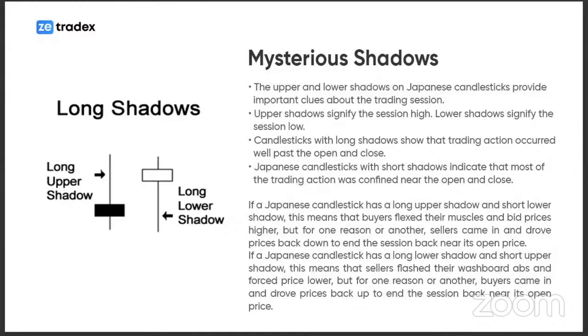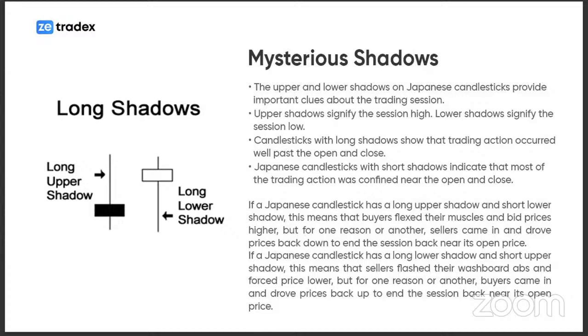We'll talk about longer upper shadows and longer lower shadows. Now you can see these candles. Right beside it, you have a very long wick with a low body and a little wick to the downside. Then right beside it we have a short wick to the upside and a very long wick to the downside. All these candlestick patterns signify something.